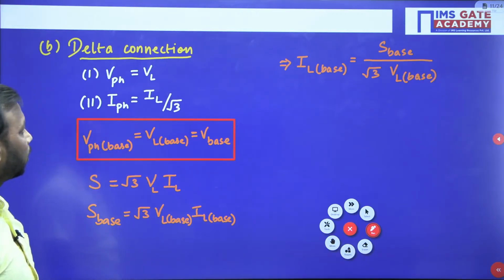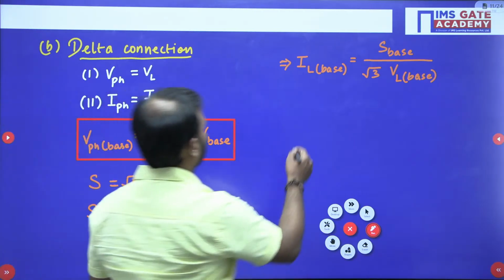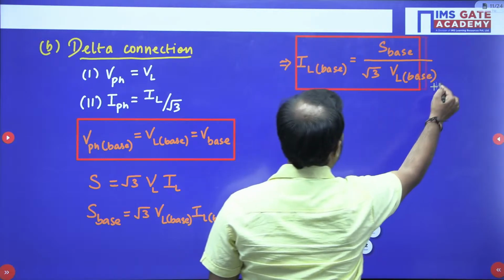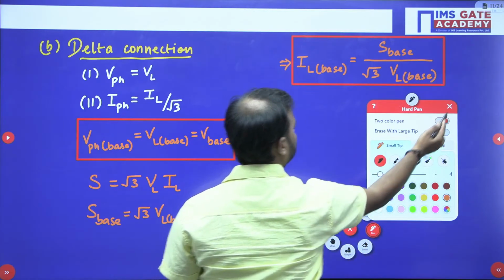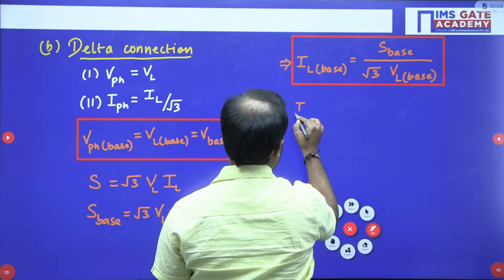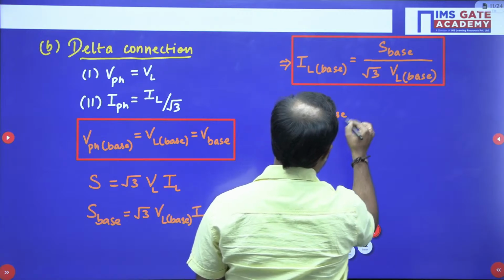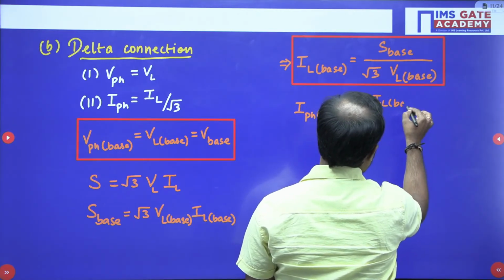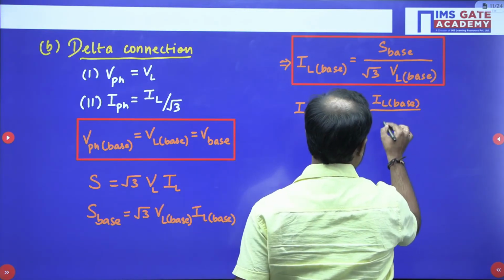Next, the base value for the phase current. Let me box this. So what will be the I phase base? Tell me quickly. This is equal to IL base divided by root 3, this formula.